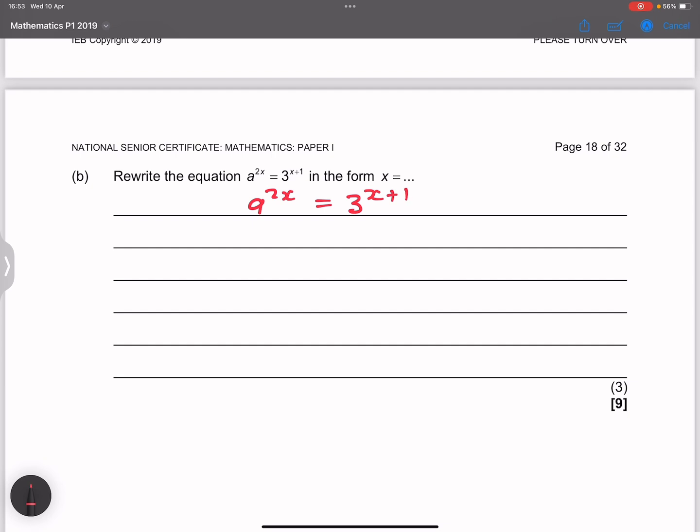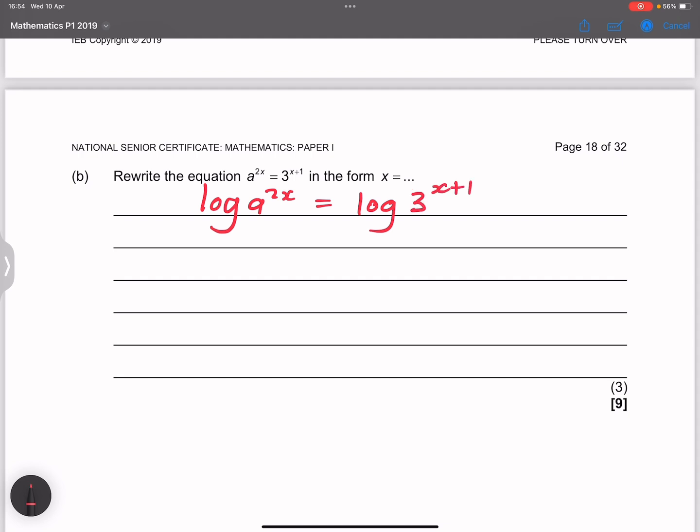So what we're going to have to do is introduce logs. So let's introduce the log. The log of a to the 2x is equal to the log of base 3 x plus 1.